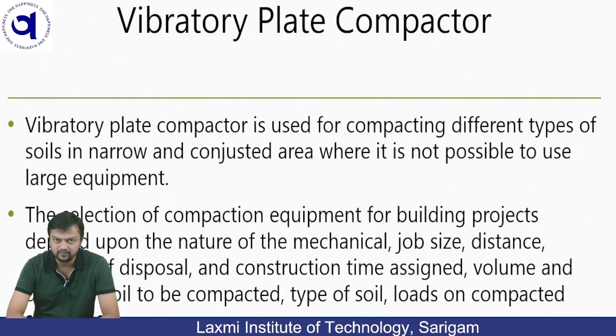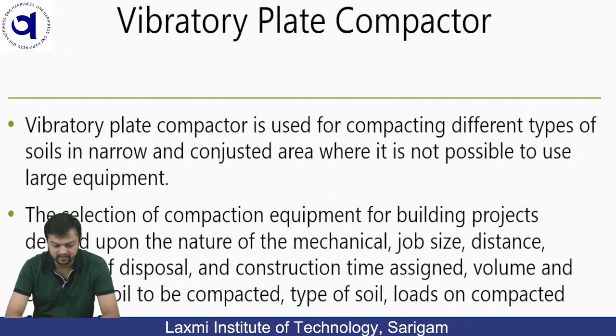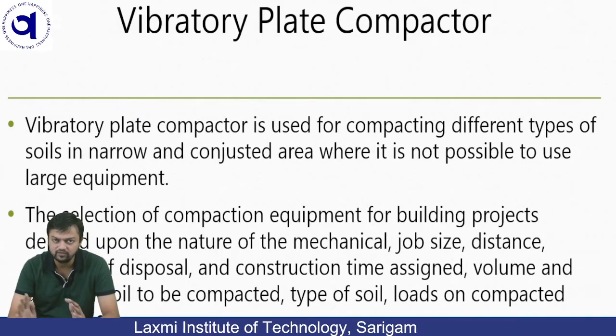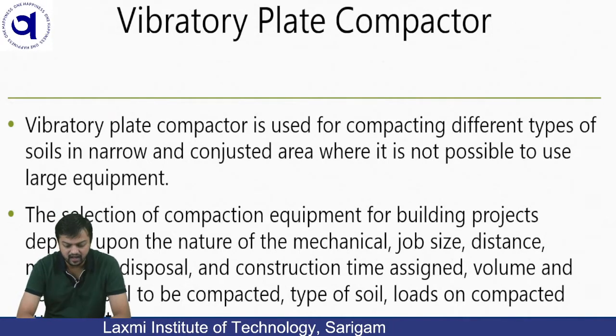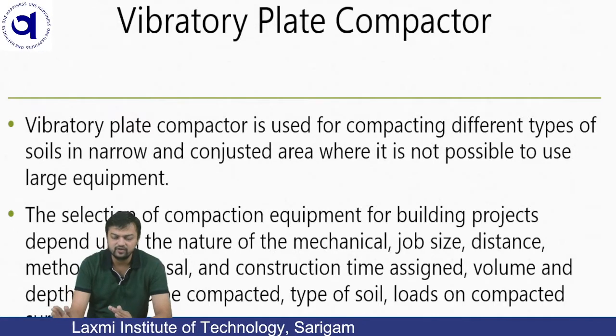Then distance: what is the distance we want to cover during the compaction activity? Then method of disposal: what is the method of disposal used in this entire construction project? And construction time assigned: we also need to see the time duration of the project.